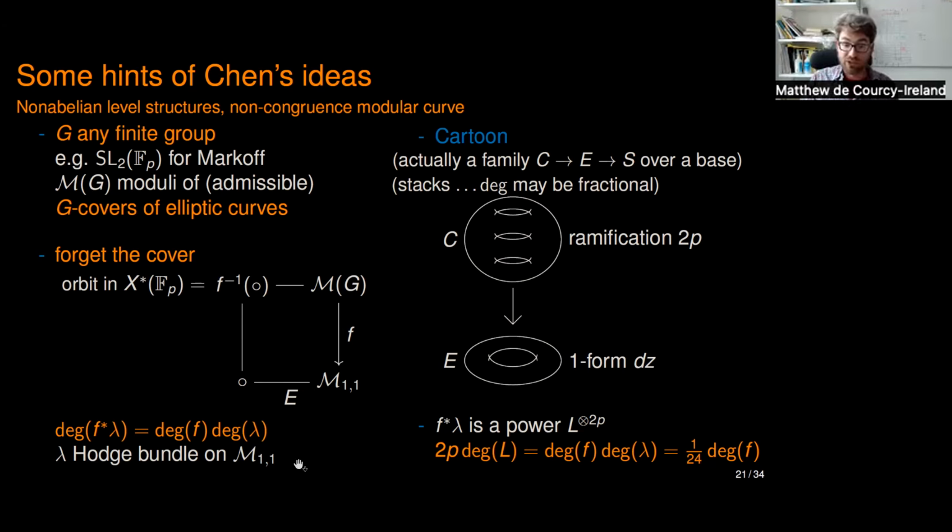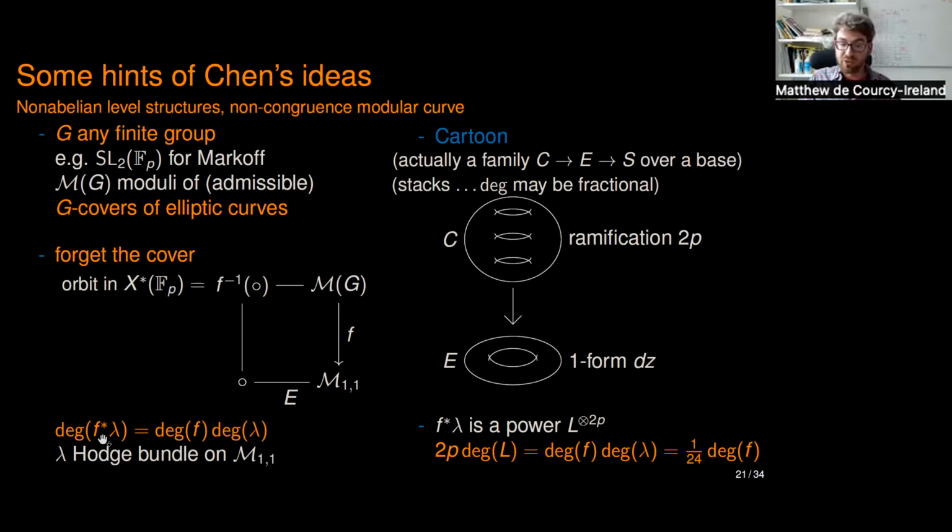So that's a vector bundle. But if you take genus 1, it's only a one-dimensional space of differentials, so it's just a line bundle. So in the cartoon, you should imagine just dz, a one form on the elliptic curve. So that's a line bundle on M_{1,1}. Chen pulls that back to a line bundle on M_G.